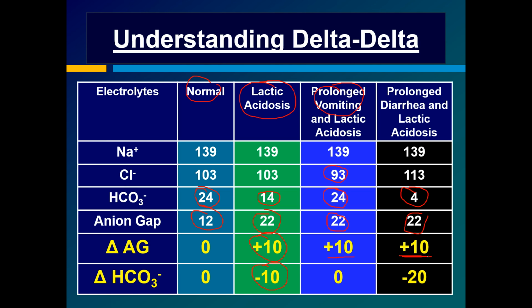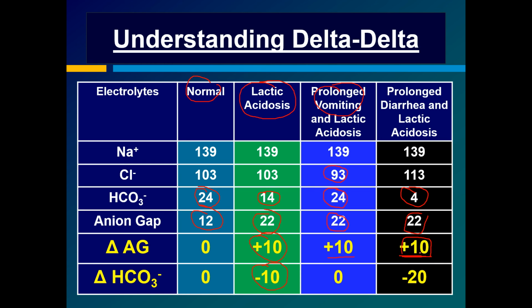So I would think if this guy's delta anion gap is 10, his serum bicarbonate probably should be around 14 or so, but some other condition is lowering the bicarbonate much, much lower than what is expected to be. So this delta bicarb is 20 and the delta anion gap is 10. There's some condition lowering that bicarb much more than what it should be.